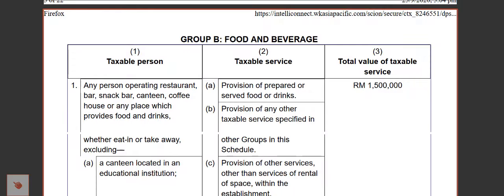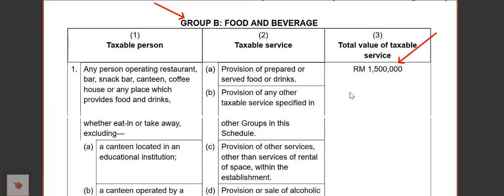Now number two, F&B, that means restaurants. The value of taxable service is 1.5 million, so much higher. If your restaurant doesn't have 1.5 million, you don't actually need to be registered for service tax purposes.